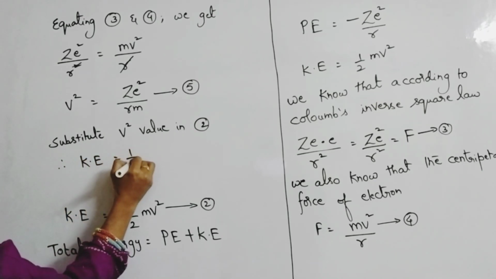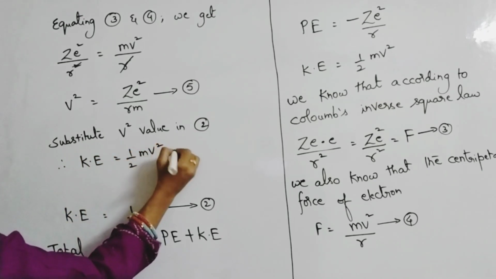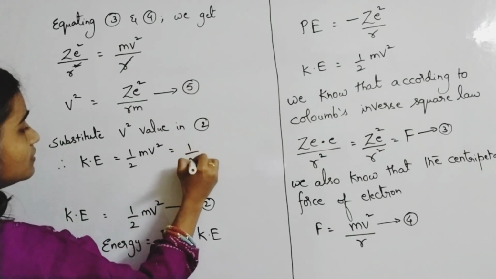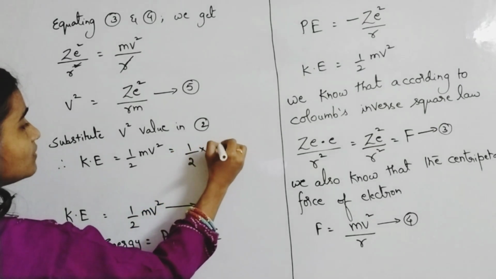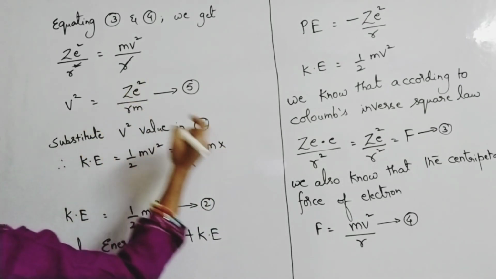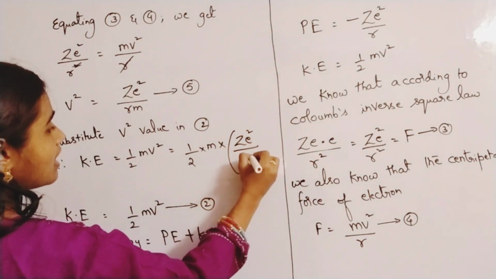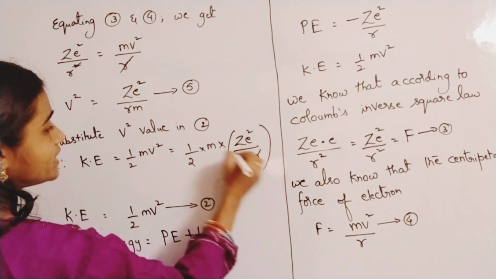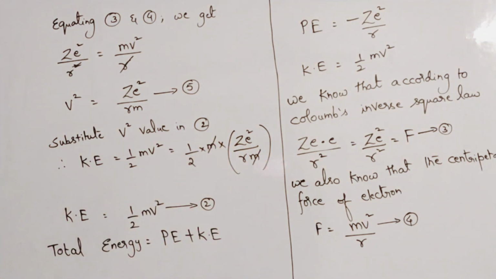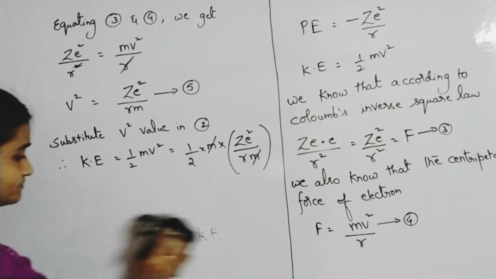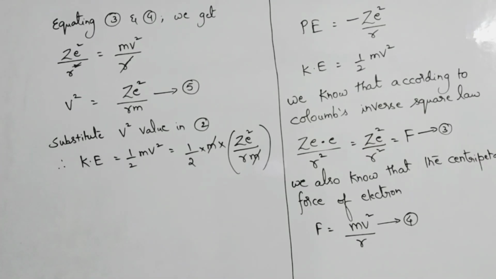Half mv square is equal to half into m into, in place of v square I will write Ze square by rm. So m gets cancelled. So KE value, how much will it become?